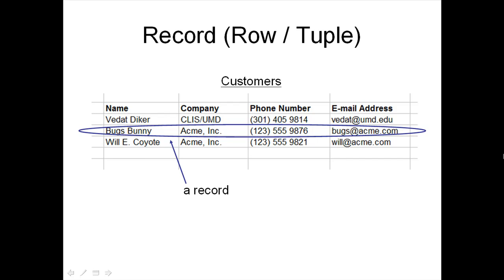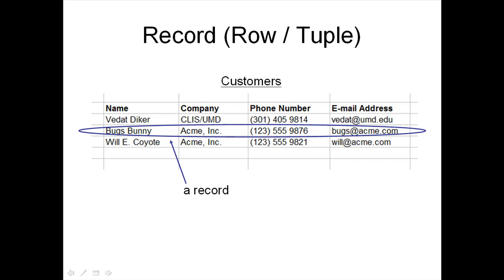That would apply to the company and even to phone number and email address, assuming that people may share phone numbers or email addresses sometimes. As importantly, phone numbers and email addresses of customers may change over time, so neither of those columns would be a stable way to uniquely identify the customers in this table.